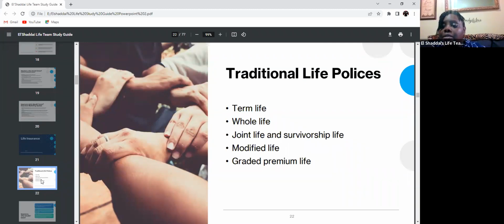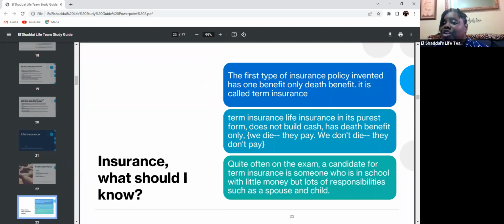So we're going to wrap up this session with traditional life policies, which are term life, whole life, joint life, survivorship life, modified life, and graded premium life. The first type of insurance policy that was invented has one benefit, only death benefit. It is called term insurance.